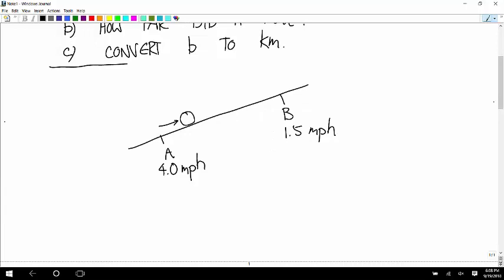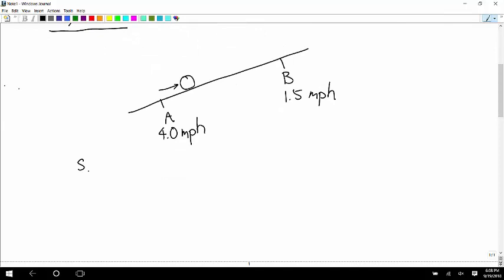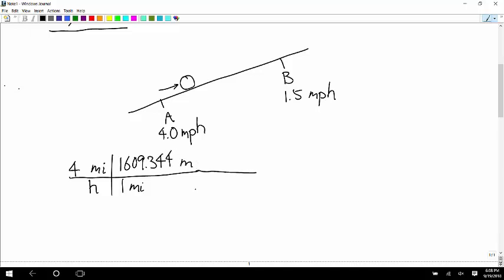Okay, so let's go through the steps of how to do problems like this. First, let's do the conversion. 4 miles per hour, so 4 miles divided by hours. 1 mile is 1609.344 meters. And 1 hour is 3,600 seconds.